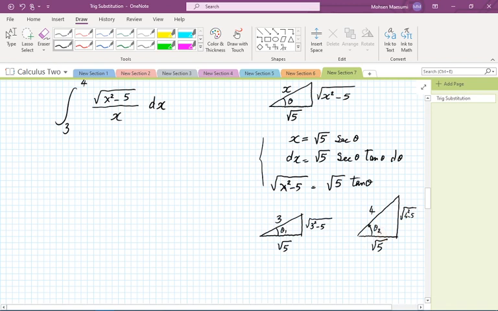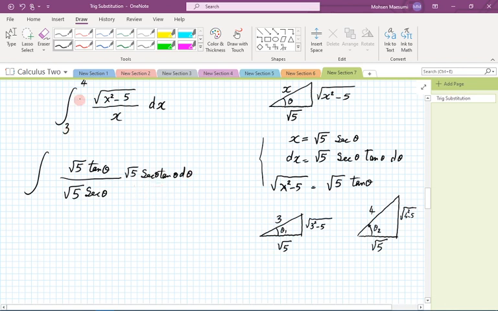So my integral now, my radical becomes radical 5 tangent of theta. x is radical 5 secant of theta. dx is again radical 5 secant of theta tangent of theta d theta. This is all exactly as before.